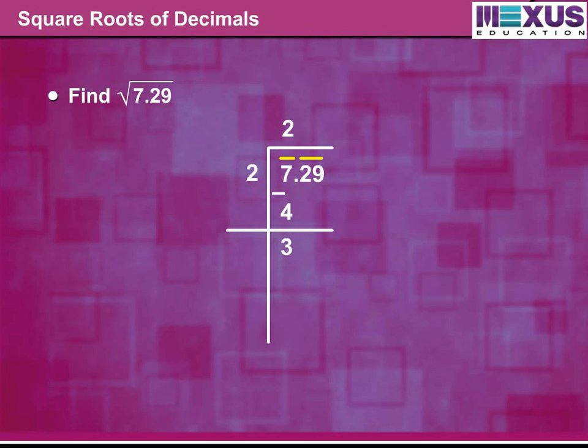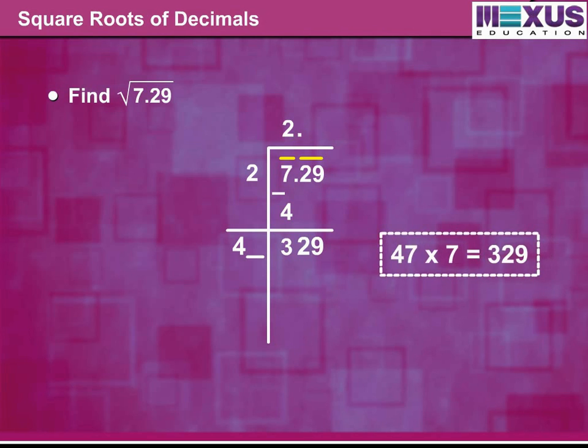Step 3. Now, as done before, bring down the next bar, that is 29, to the right of the remainder 3. Step 4. Double the divisor, so 2 will become 4, with a blank on its right side, and as we know 29 is the decimal part, we need to put the decimal point in the quotient after number 2. Step 5.